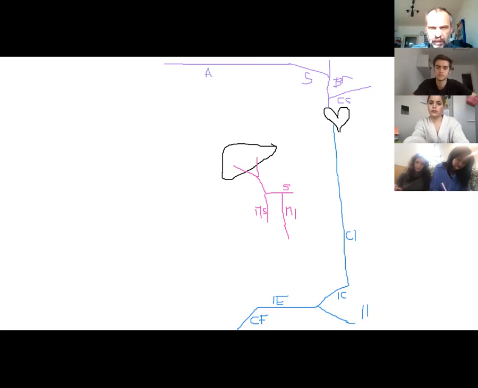So why should we talk about that? In case we have a problem in the circulation of the hepatic portal vein, that means it's blocked, it can be blocked by thrombosis in front of the liver, or by thrombosis in hepatic veins, which is usually called Budd-Chiari syndrome, or most commonly by cirrhosis in the liver.